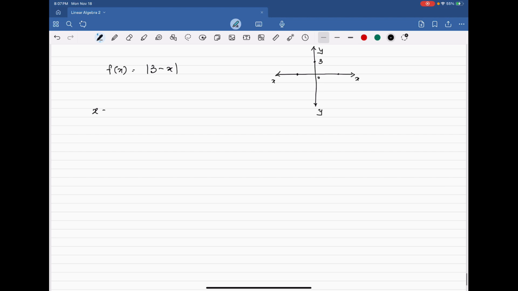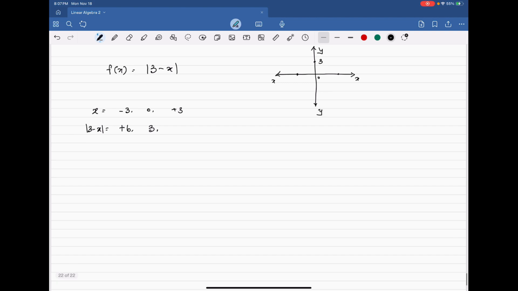Let us draw like this. x is equal to minus 3, 0, plus 3. What will be absolute value of 3 minus x? When x is minus 3, 3 minus x is 3 plus 3, that is 6. When x is equal to 0, absolute 3 is equal to 3.